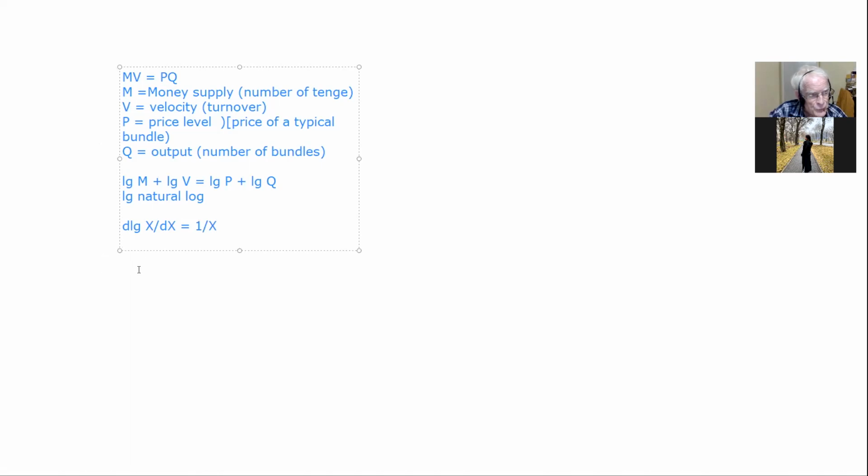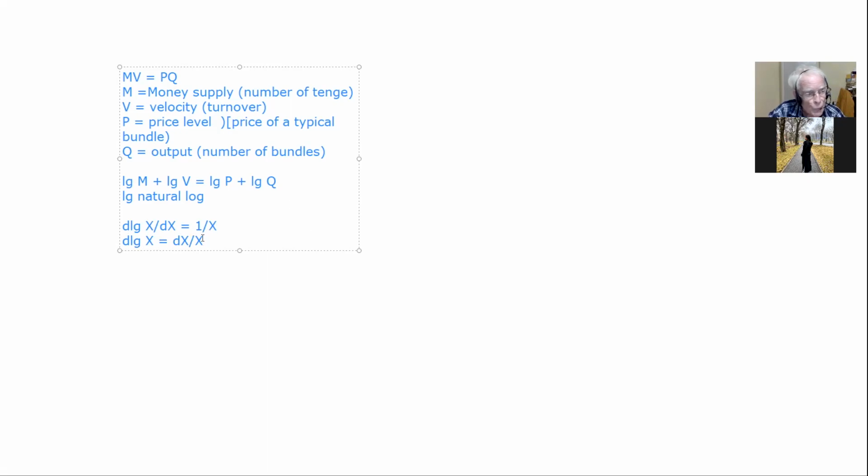So if we treat the derivative as the ratio of a couple of changes, as a differential, then we can write the change in the log of x as dx over x.